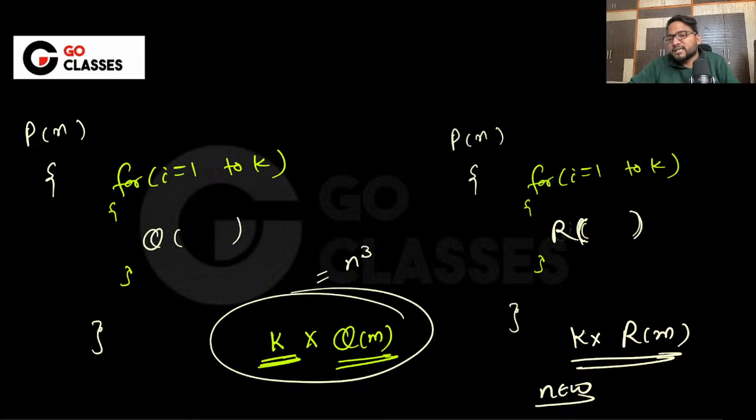Tell me, will this k change? This is the new time complexity, and this is the old time complexity, right? The old is given to us, that is n cube. The new is not given, that's fine, but the old is given to us.